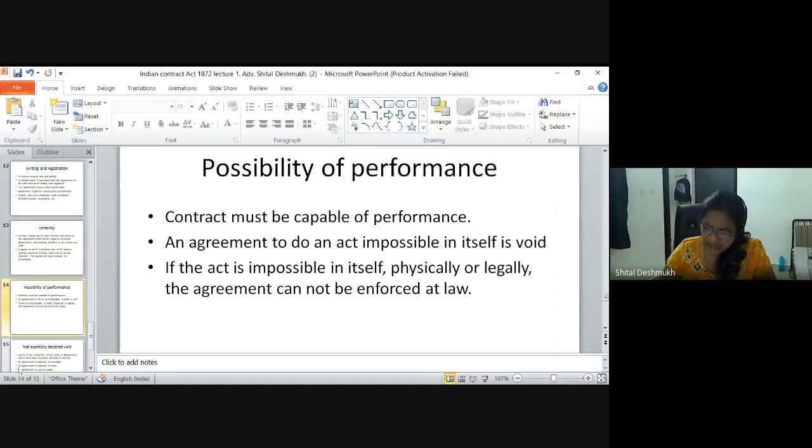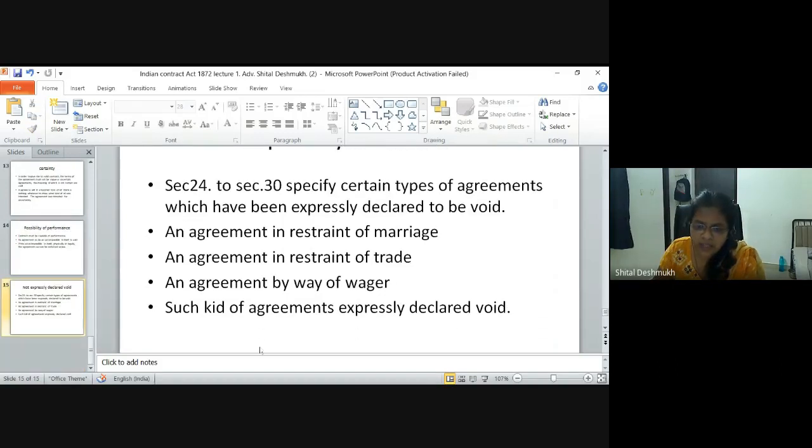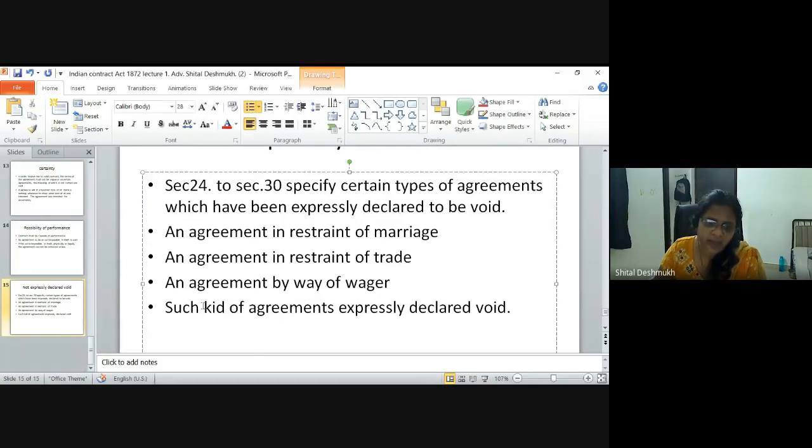Then, not expressly declared void. There are certain kinds of agreements which are declared void under the Indian Contract Act, from sections 22 to 30. For example, an agreement in respect of marriage, an agreement in restraint of trade, and an agreement by way of wager are declared void.